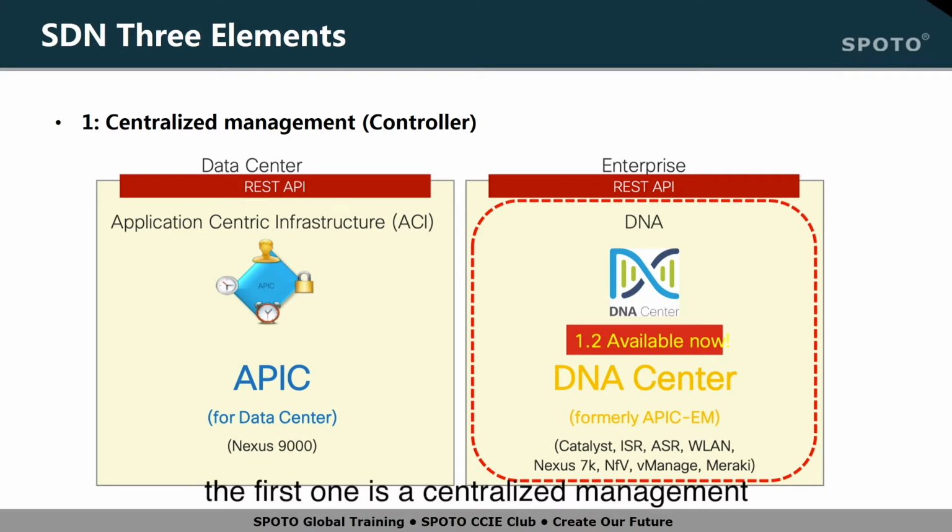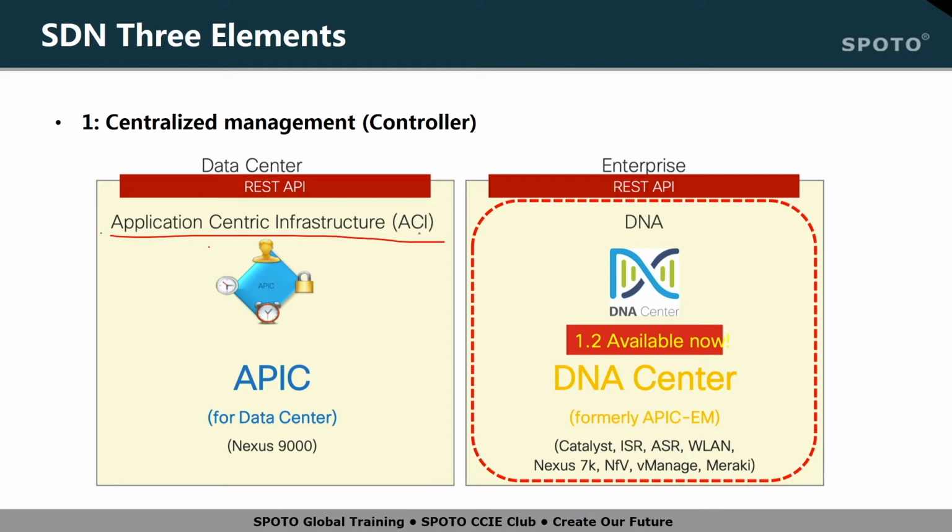The first one is centralized management, the controller. In Cisco's case, it starts with ACI, application-centric infrastructure. And it's called APIC for data center, especially at the beginning designed for Nexus 9000 series switch. And the latest version is moved from data center to enterprise. It uses REST API as well.